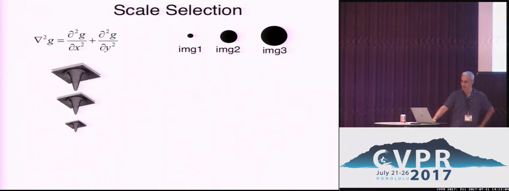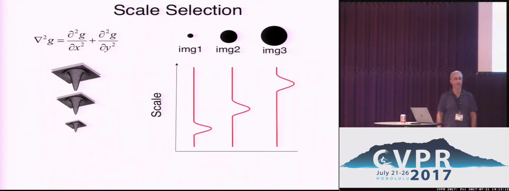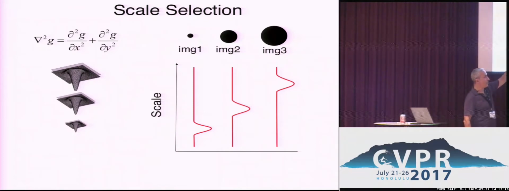So in a very simple case, like this one, three black dots, three versions of the operator of different width. And if you look at the response of this operator to these toy images, what's interesting about this is that the Laplacian responds very strongly at a particular scale.